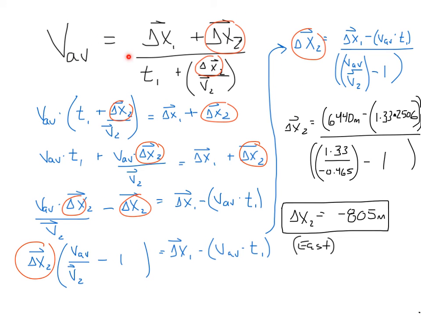We mashed it all together by doing some messy algebra, finally having a statement for that single unknown, delta x2, and now we have a final answer for it. So there you go. That's physics and algebra, or we sometimes call physics applied math, really applied algebra. And there's your answer to problem number 5.